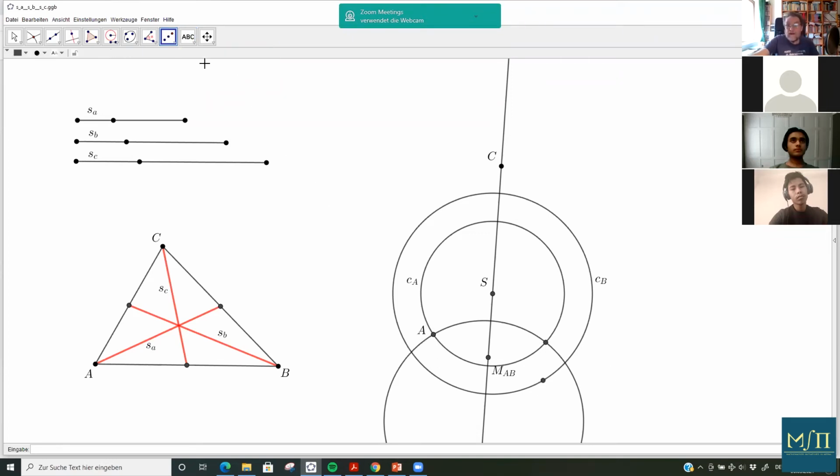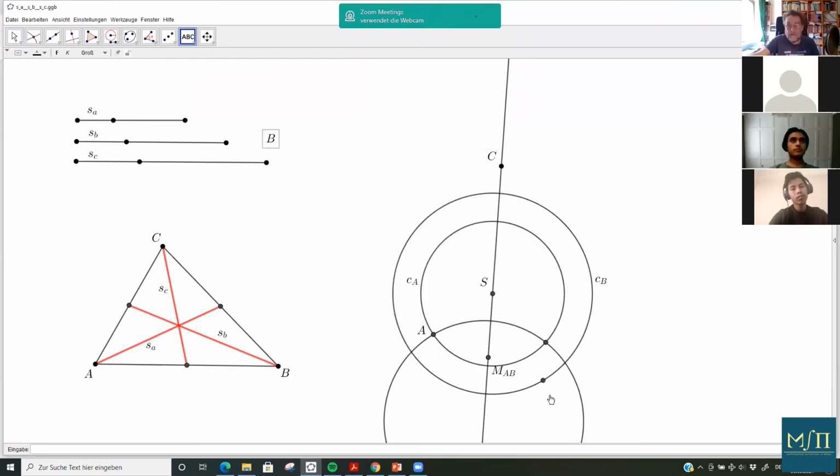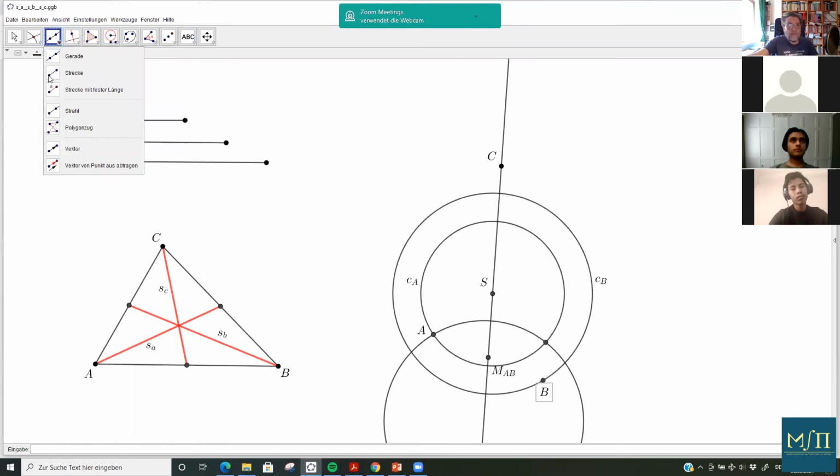I'll get this other point on CB, of course, and then this has to be the point B. If I'm going to be constructing this with my straight edge, this tool that I'm using here in GeoGebra, of course, then I would simply use the straight edge, draw the line connecting A and MAB and intersect with the circle CB that I already know. So that means that we now have the triangle ABC.